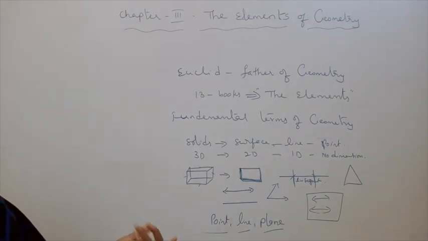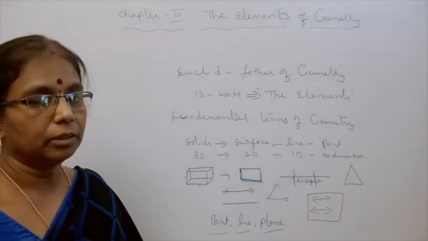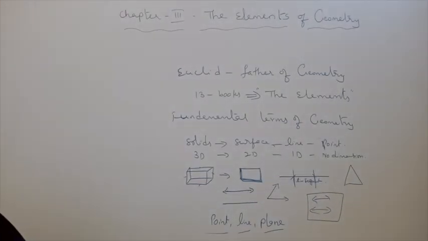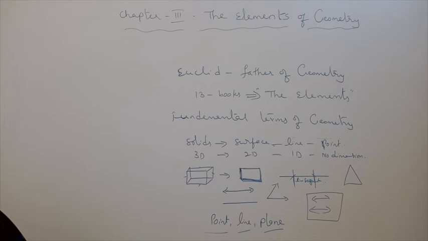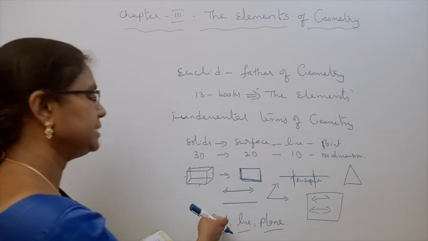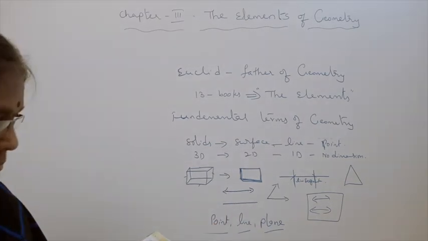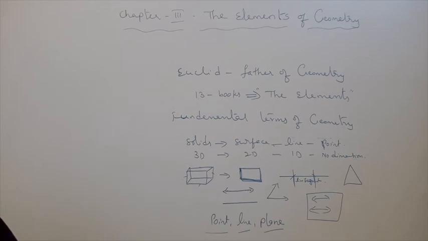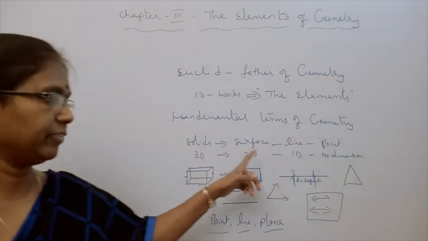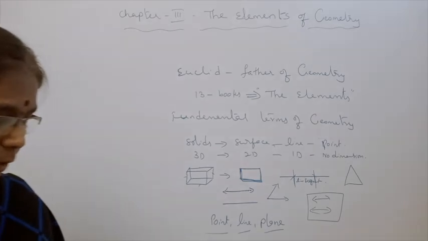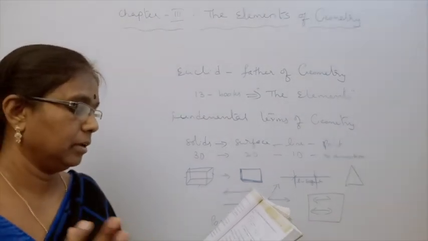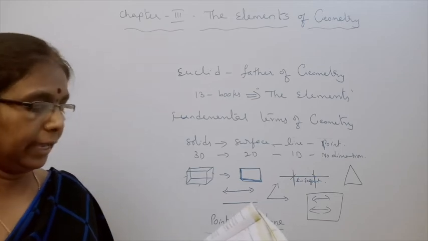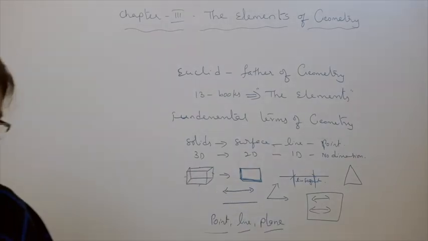Now who is the father of geometry? Euclid. He is the Egyptian mathematician and he wrote 13 books, which are called Elements. Then what are the undefined terms? Point, line, plane. And the fundamental terms of geometry: solid, surface, line and point. What are the definitions? A point has no breadth. A line is a breadthless length.